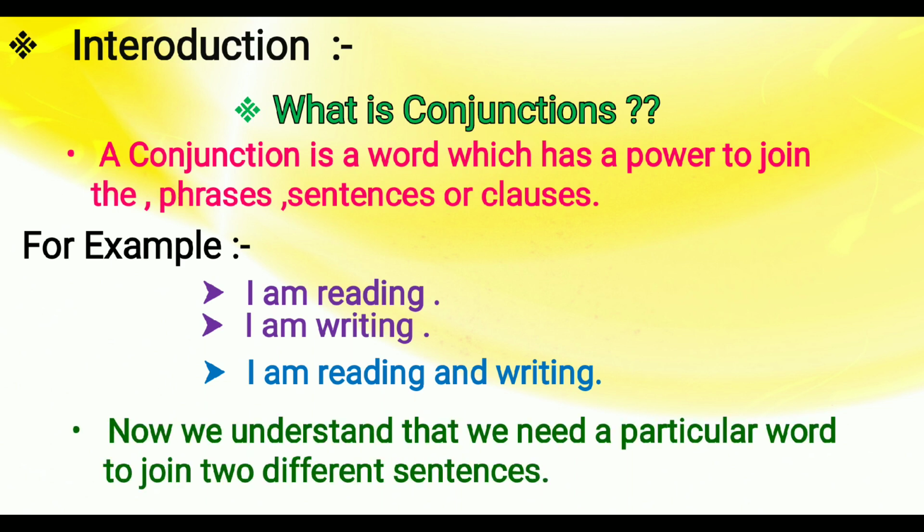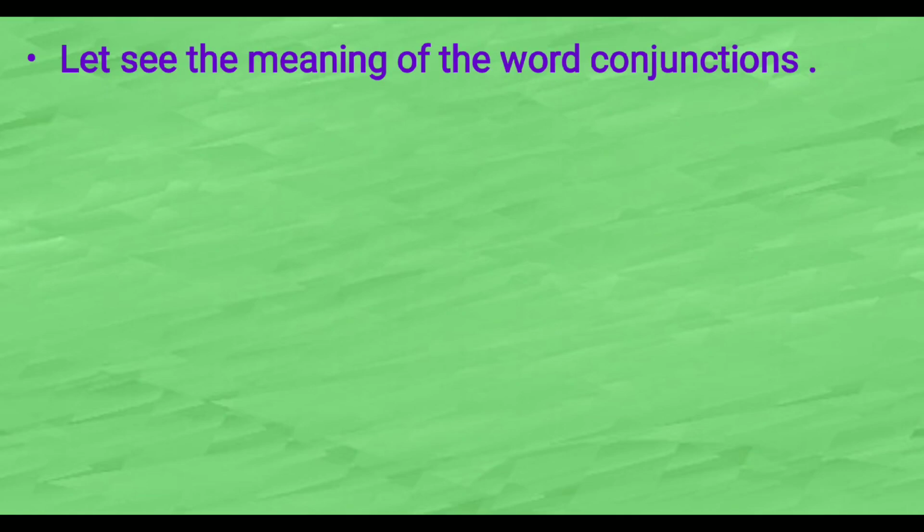Right? Now we understand that we need a particular word to join two different sentences, and the word we need to join the sentences is called a conjunction. Do you know the meaning of conjunction? Let's see the meaning of the word conjunction.